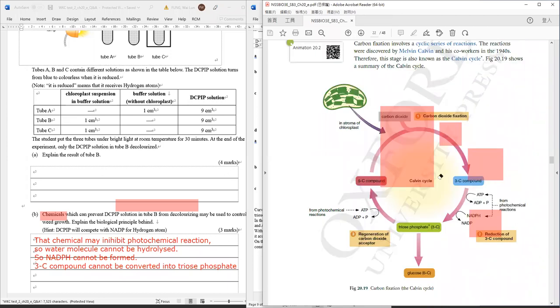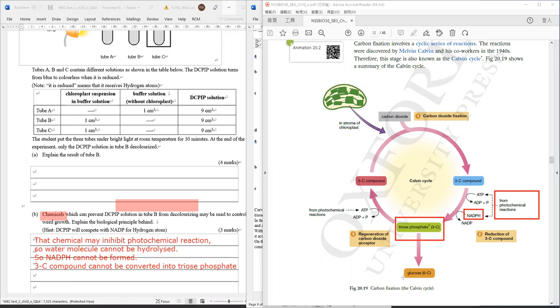This is the result when you don't have enough photochemical reaction: you cannot produce enough NADPH, so you cannot produce enough triose phosphate, so you cannot produce enough glucose.